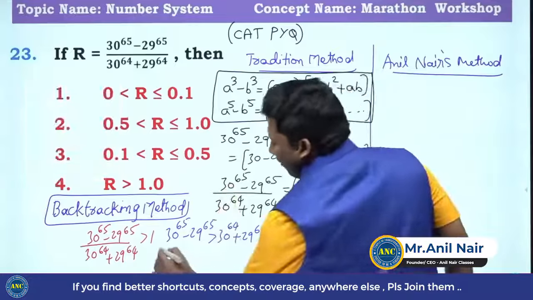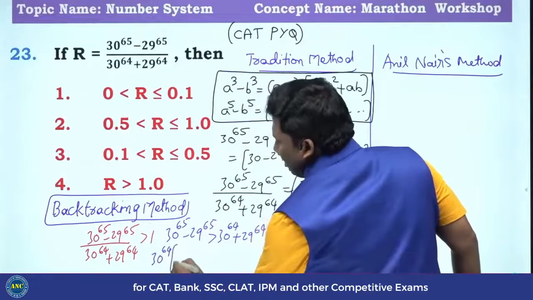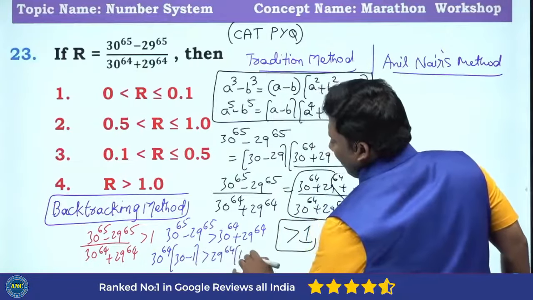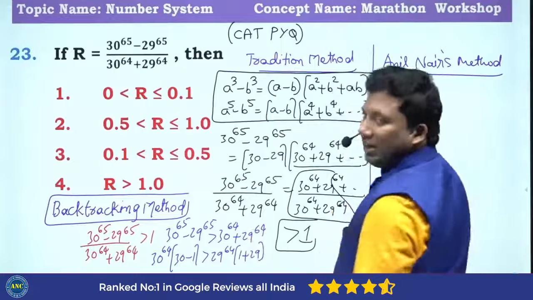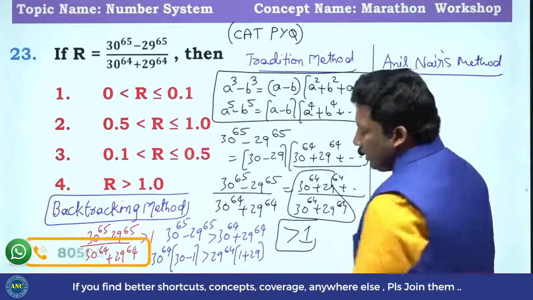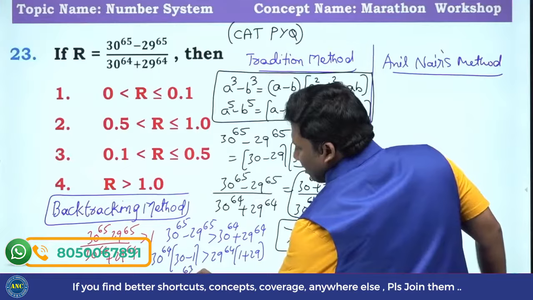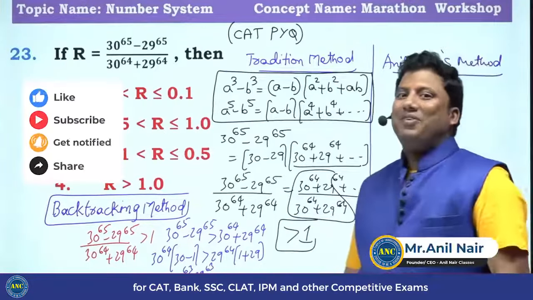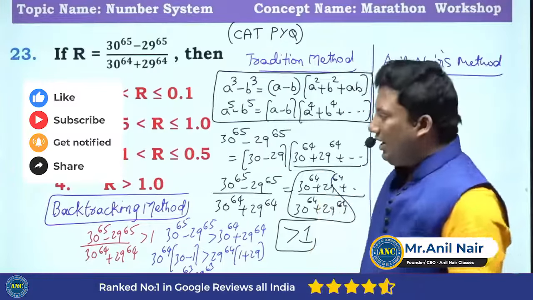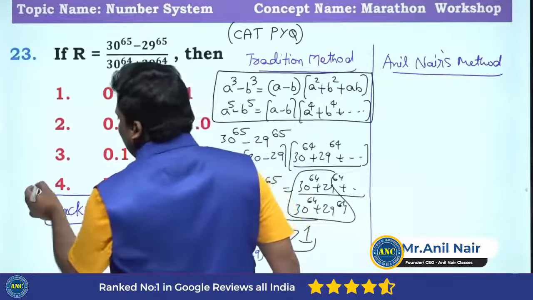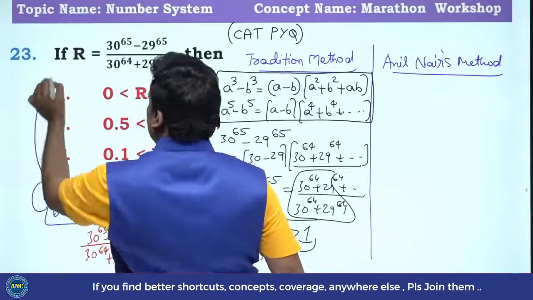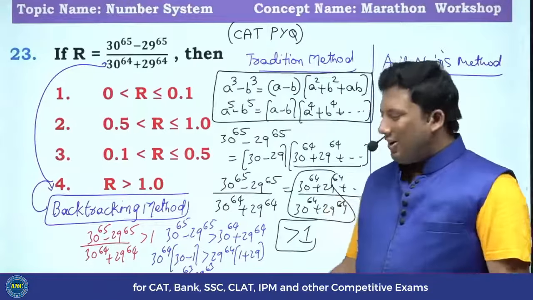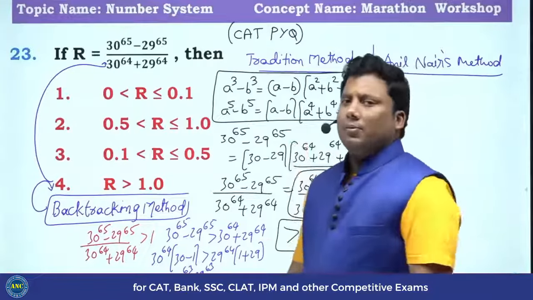Taking 30 power 64 to the left-hand side, it is 30 power 64 into 30 minus 1. Taking 29 power 64, it is 1 plus 29, which is 30. So 30 power 63 is greater than 29 power 63. Definitely 30 power 63 is greater than 29 power 63. It is a backtracking method where I choose the answer option and check whether it is mathematically right or wrong. A very unique way of solving.